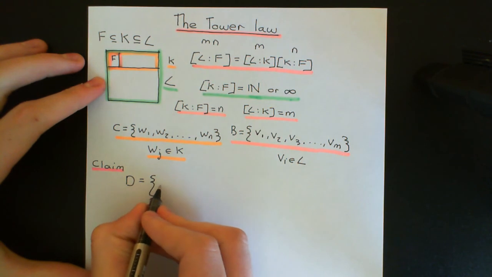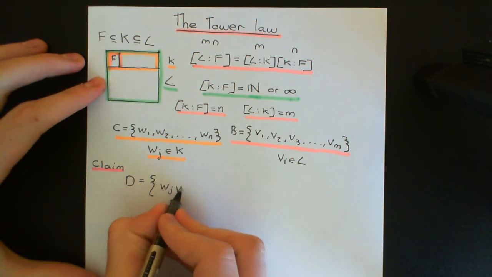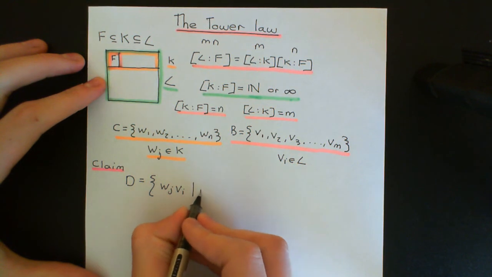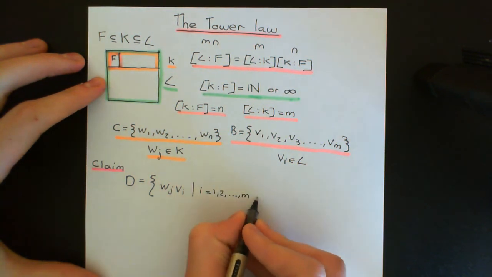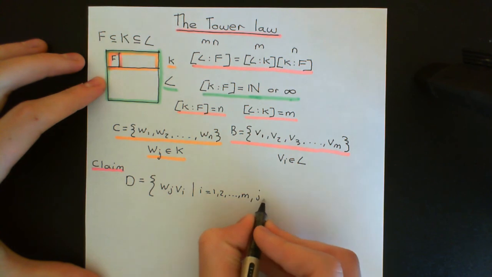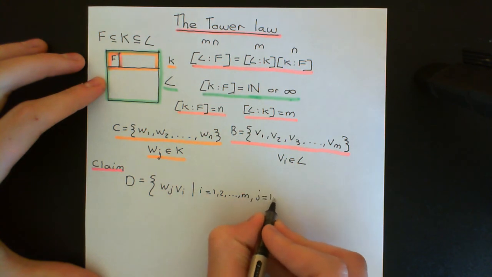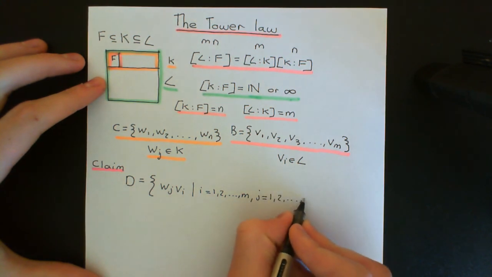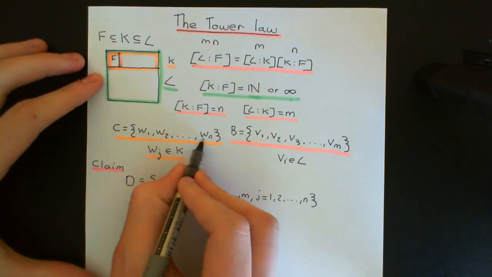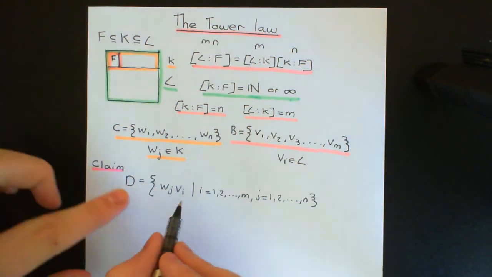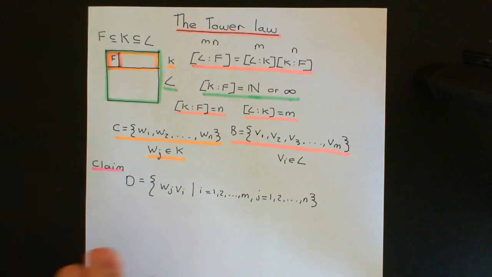So it's going to be all things of the form Wj times Vi, where i is equal to 1, 2, all the way up to m, and j is equal to 1, 2, all the way up to n. So you can take any one of these, multiply it with any one of these, and stick every possible combination into this set.